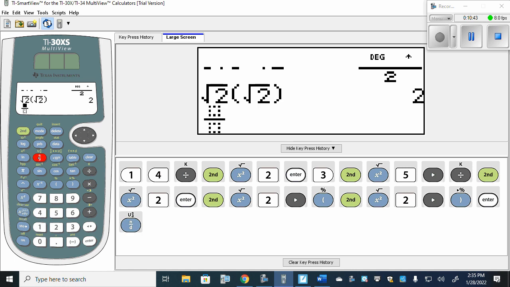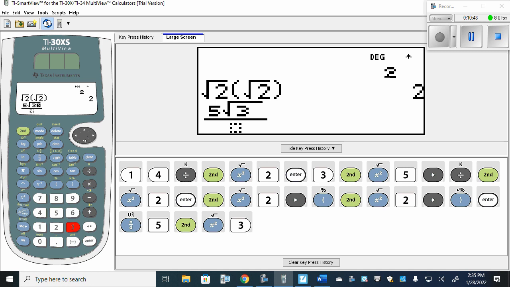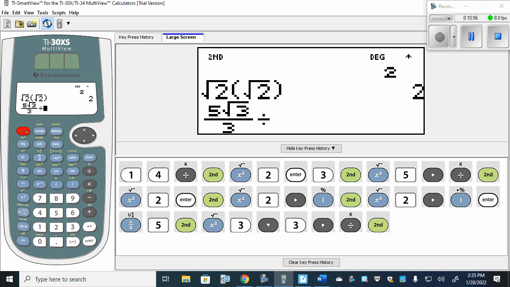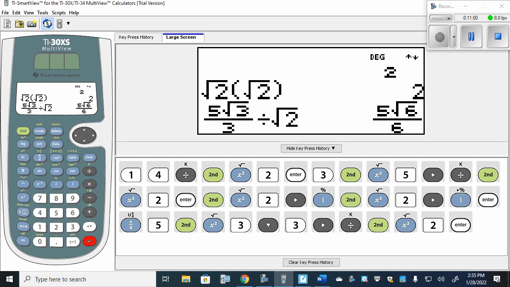So we can say 5 second square root 3 over 3 in the calculator first. Then we could say divided by second square root 2 and hit enter. And we would get 5 square root of 6 over 6.